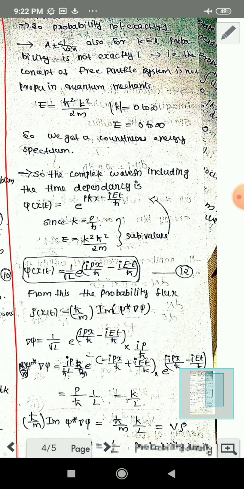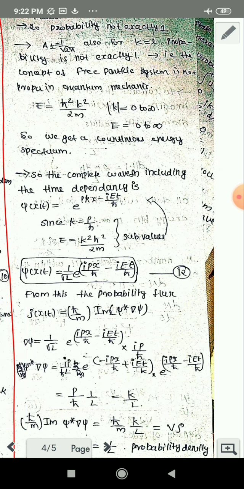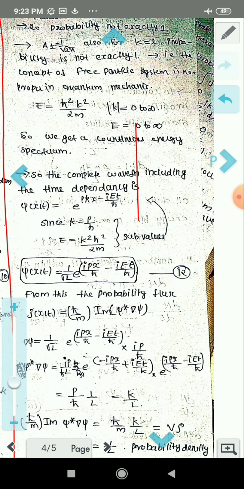So what happened, the value of E also, k can vary from 0 to infinity, then E can also vary from 0 to infinity. So we get a continuous energy spectrum. And there comes the group velocity and all, we can discuss that. And so we got A, we are choosing it as 1 by root L.